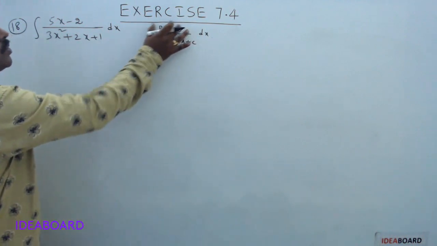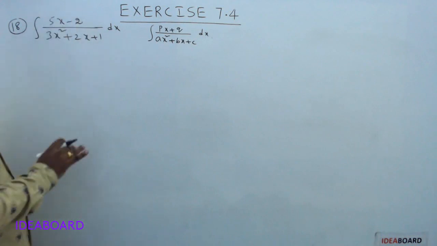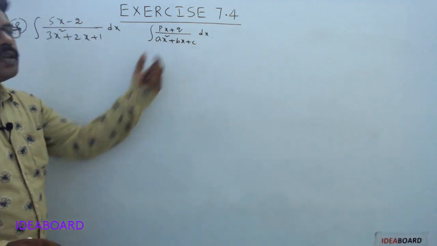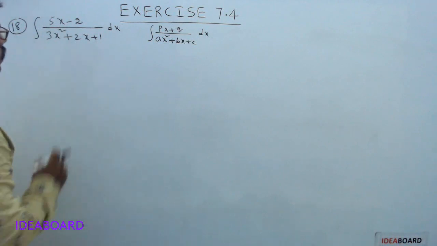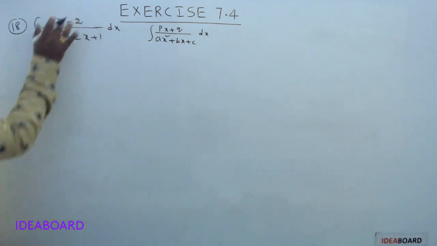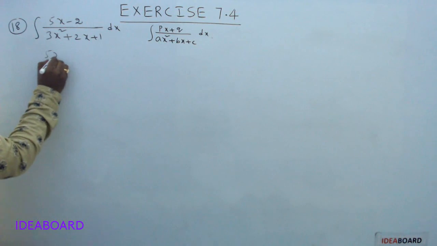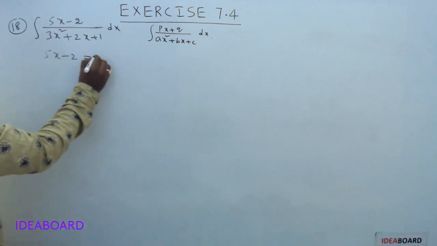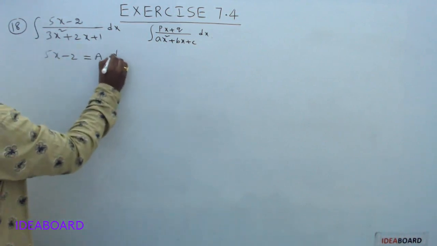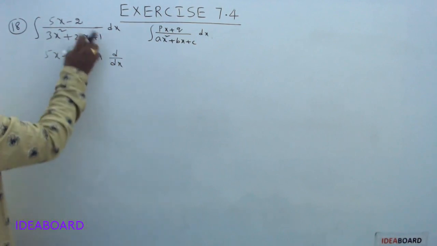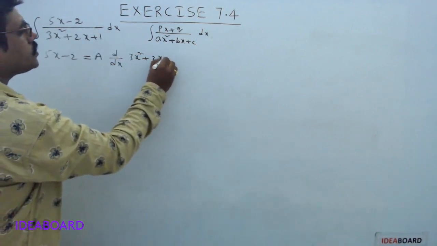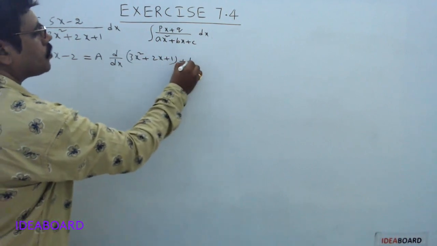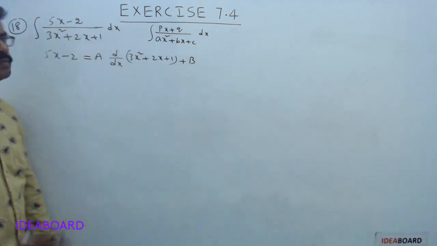Here px + q is 5x − 2 and ax² + bx + c is 3x² + 2x + 1. So 5x − 2 equals some constant A into the derivative of (3x² + 2x + 1) plus some constant B.